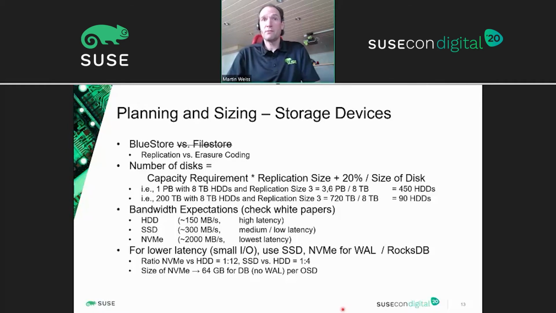For the size of the SSDs or NVMEs, the basic standard recommendation is to start with 64 gigabytes per RocksDB per OSD. So if you have 10 OSDs in one server, the NVMe should be at least 640 gig or more. So that fits.